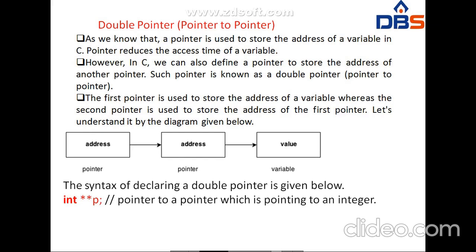The syntax of declaring a double pointer is int **p. Instead of one star we represent two stars. Here it is a pointer to pointer, which is pointing to an integer type. So this is regarding pointer to pointer.